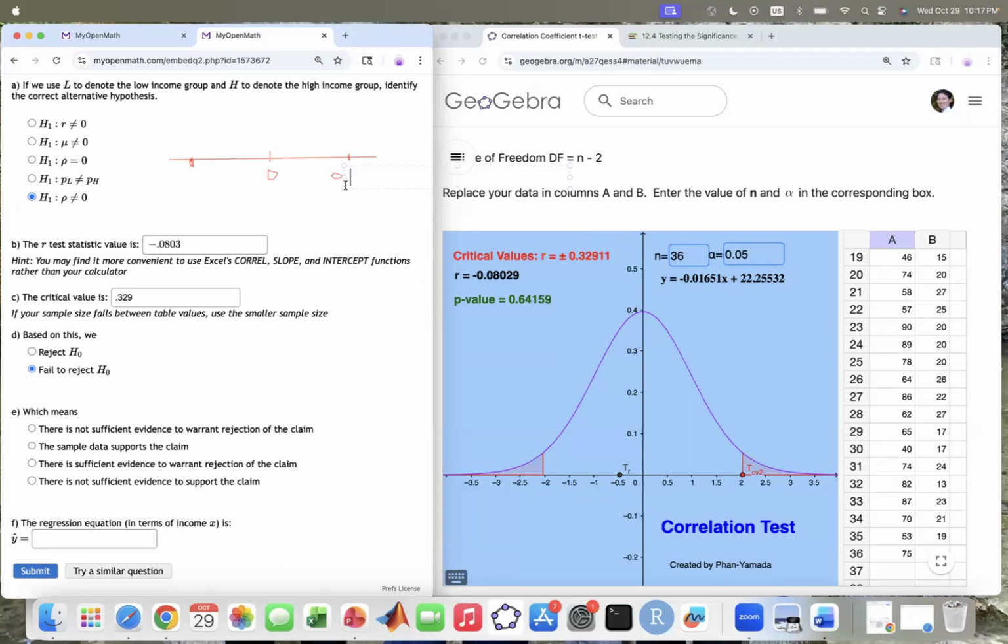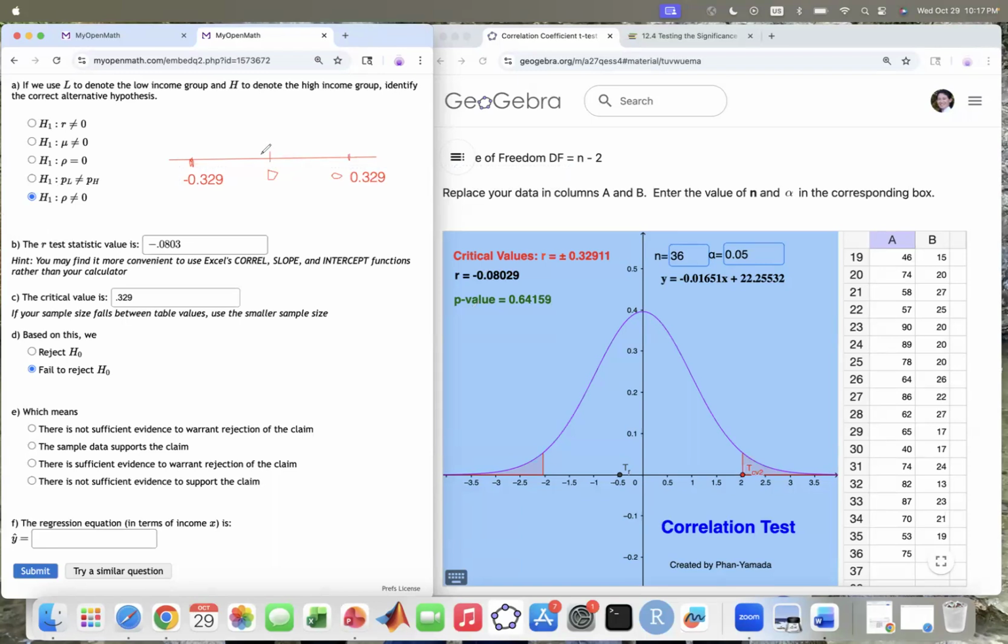This one will be 0.329, and this one over here would be negative 0.329.